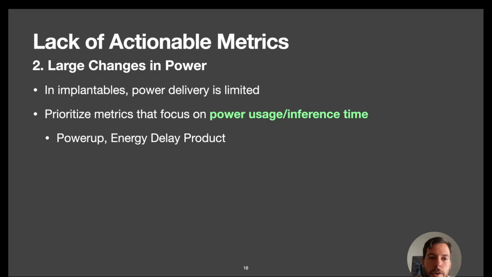And we want to prioritize metrics here that focus on power usage and inference time, because longer inference times mean the chip is working longer and generating more heat, which is uncomfortable or damaging to the patient. Some examples of this metric would be powerup from before, but also the energy delay product, which combines energy with time to compare inference times with power usage.